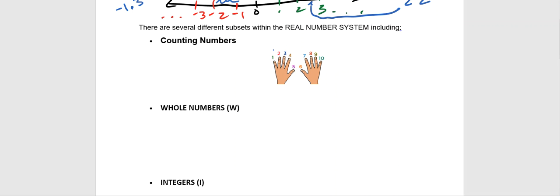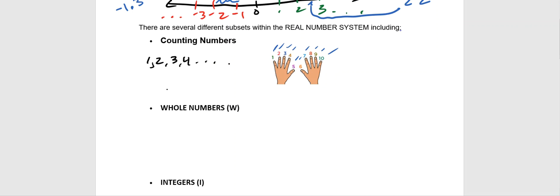So we have 10 fingers, we can count 1, 2, 3, 4, 5, 6, 7, 8, 9, 10. Simply, those are the numbers that we can count on our fingers, okay? So for example, the very first counting number would be 1, followed by 2, followed by 3, followed by 4, dot, dot, dot, okay?